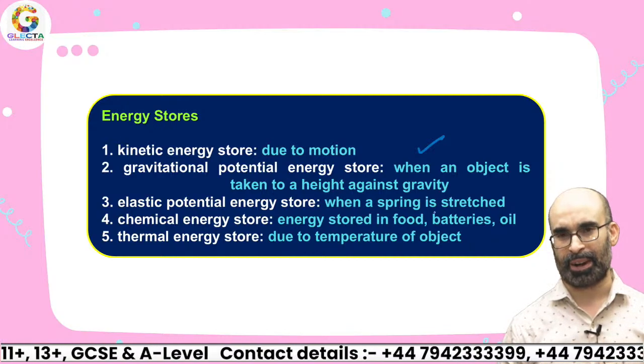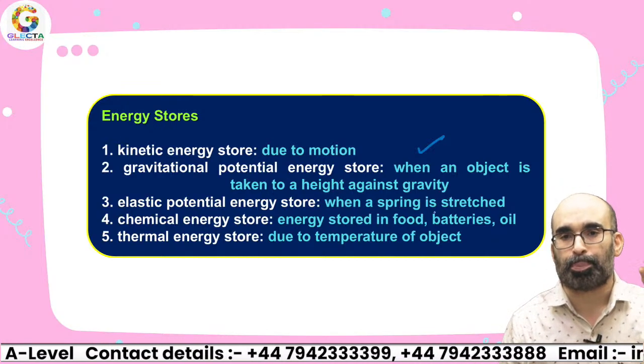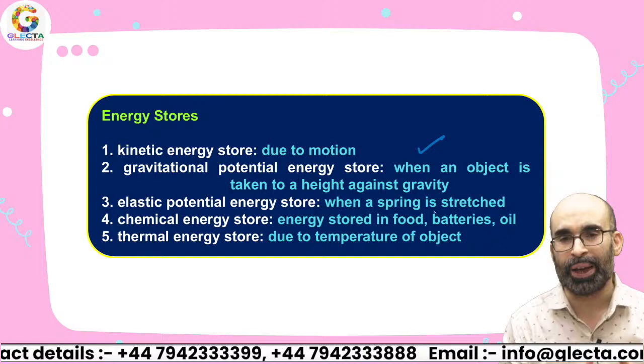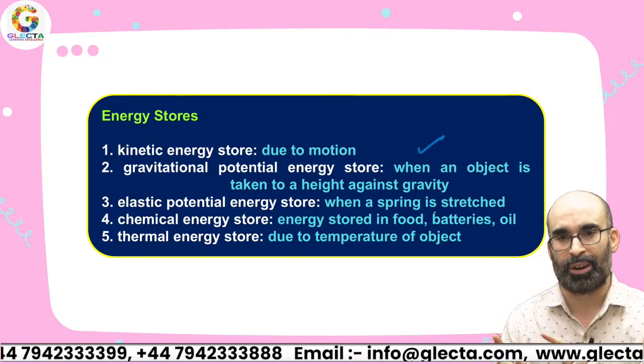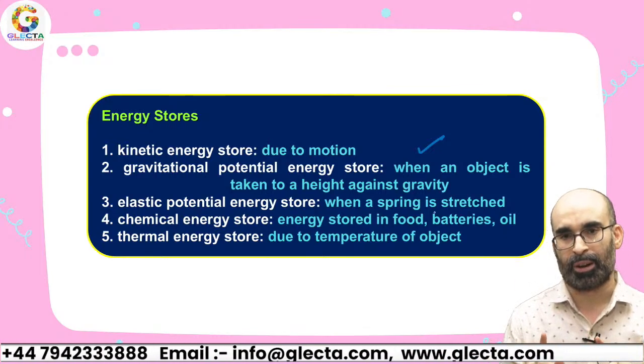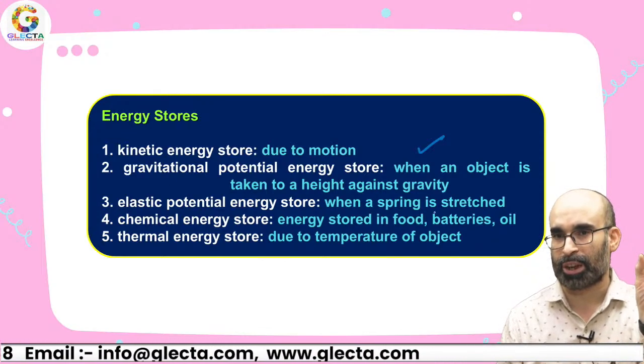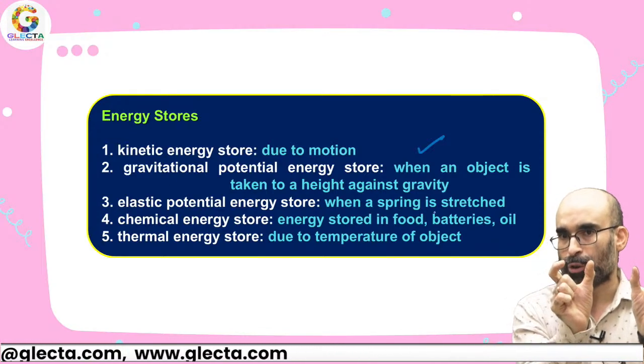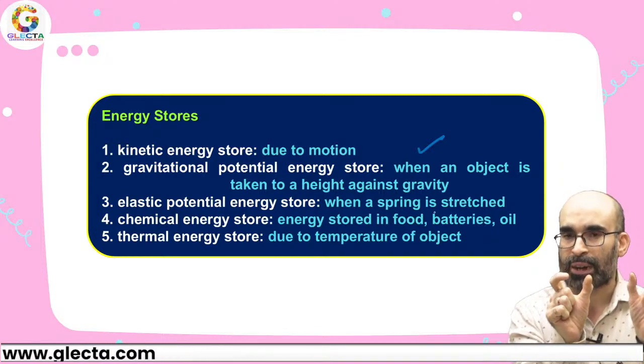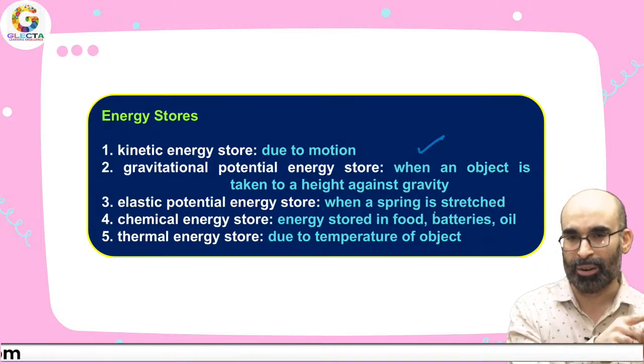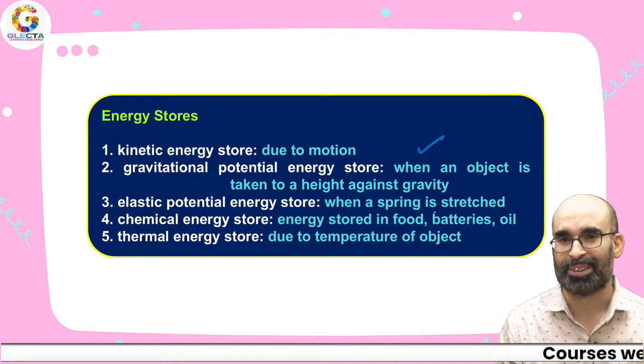I want you to understand this thing, that when you talk about potential energy, what you are doing is you are changing the position. You are changing the position, right? When I say gravitational potential energy, you are changing the position of object or shape of object against gravity or elastic force.